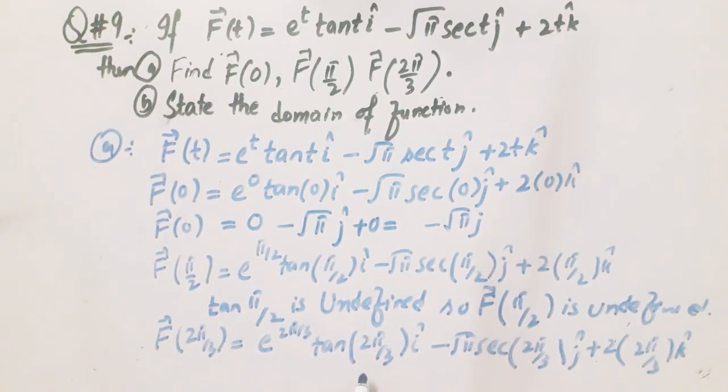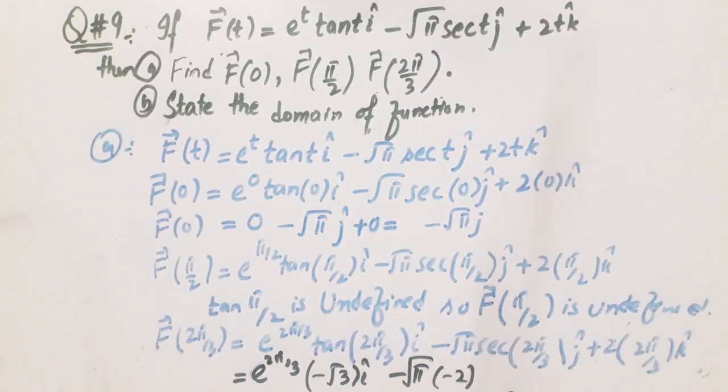In this case, you know that tan of 2 pi by 3 is equal to minus tan pi by 3, which is equal to minus square root 3. So you will write this function as e raised to power 2 pi by 3 and value of tan 2 pi by 3 is minus square root 3 i and minus square root pi, and secant 2 pi by 3 is equal to minus secant pi by 3, which is equal to minus 2.